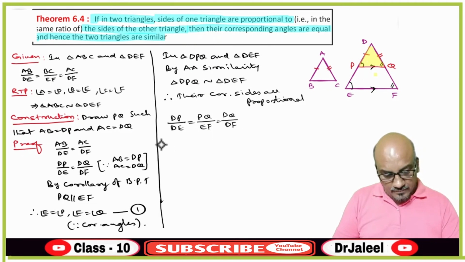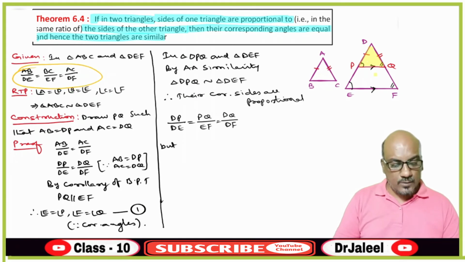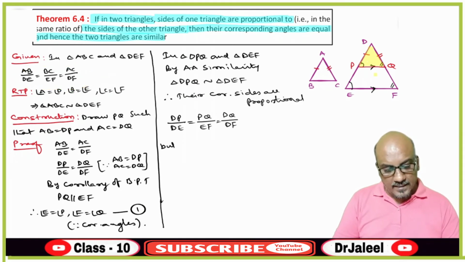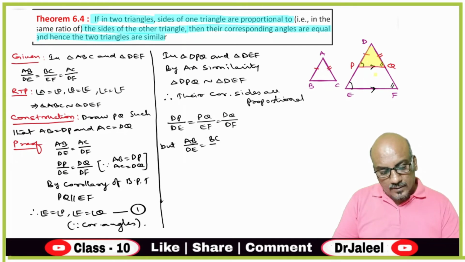But what is given to us here? Let us copy that. But it is given that AB by DE is equal to BC by EF is equal to AC by DF.